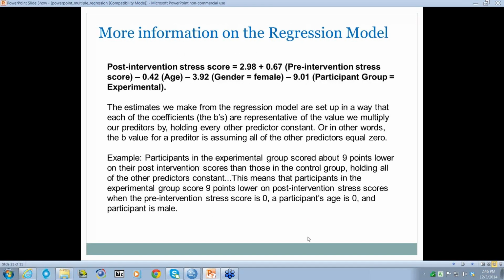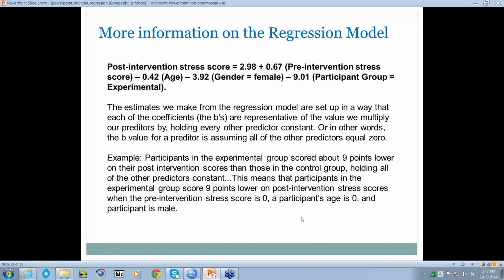So the estimates we make from the regression model are set up in a way that each of the coefficients is representative of the value that we multiply our predictors by, holding every other predictor constant. In other words, the B value for a predictor assumes that all of the other predictors went to 0. So it's like, how much does this contribute to the outcome if we pretend none of those other ones were in the equation, even though we put them in. That's what we call controlling.